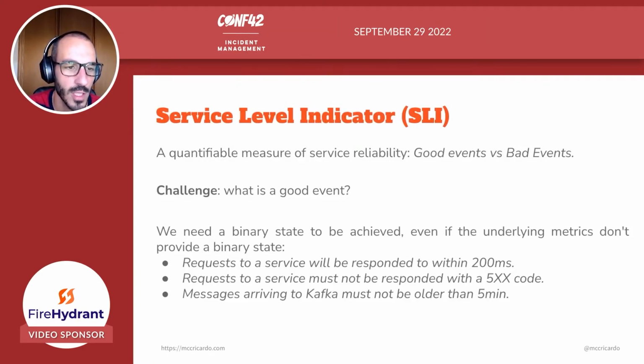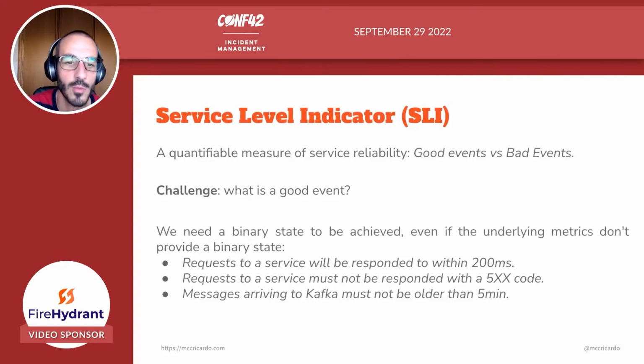Using the previous example, we can say a request needs to be responded to within 200 milliseconds. So every time we take a measurement, if it takes more than 200 milliseconds, we can say that this is not good. If it takes 200 milliseconds or less, we can say that this is good. And this is analogous to the other examples. A request to a service must not be responded to with a 500 code.